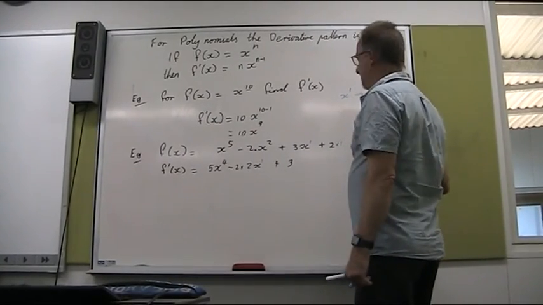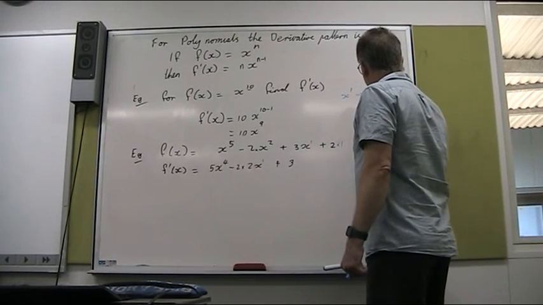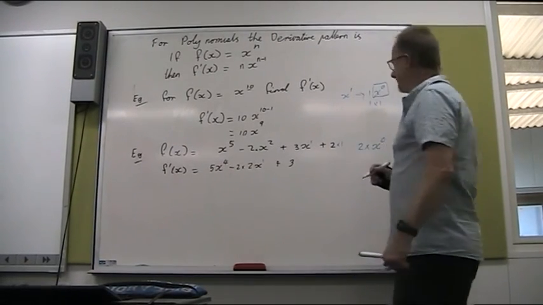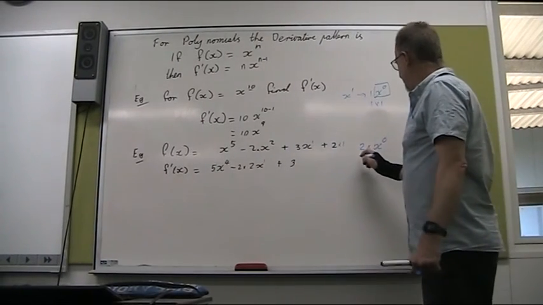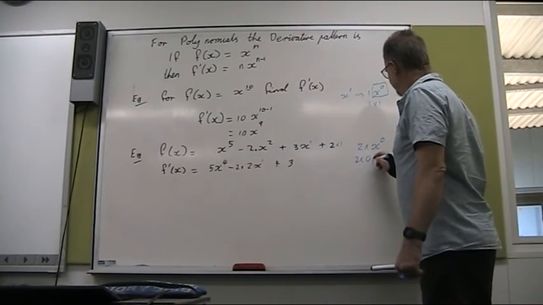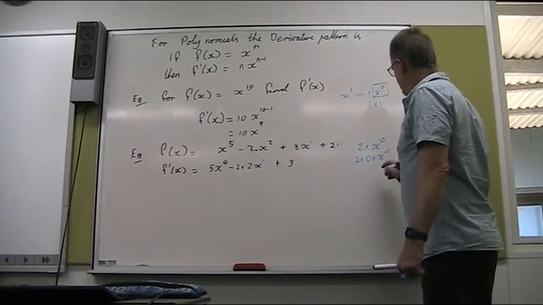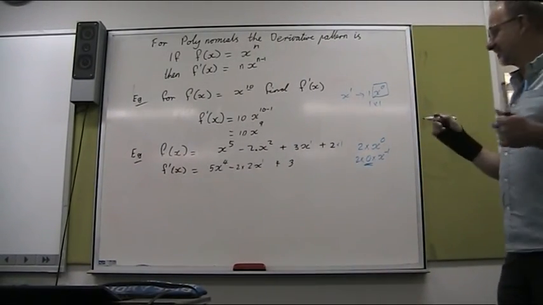I could multiply that by 1. And instead of writing 1, I'm going to write x to the 0, because x to the 0 is 1. I bring my power down, 0, x to the minus 1. We're multiplying by 0, so it's just 0.